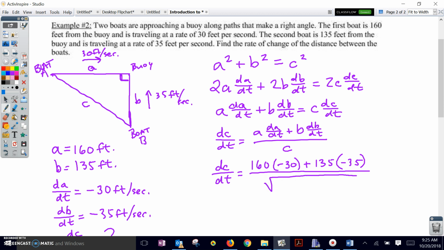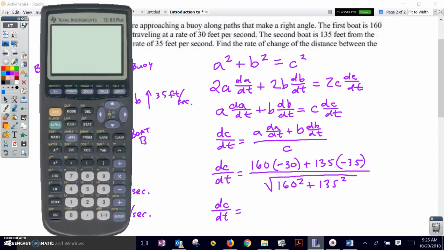So I'm just going to take the square root of a squared plus b squared. I recommend that you do it this way instead of calculating the value of c and then using a rounded value. Just make that substitution and do your calculations like this.